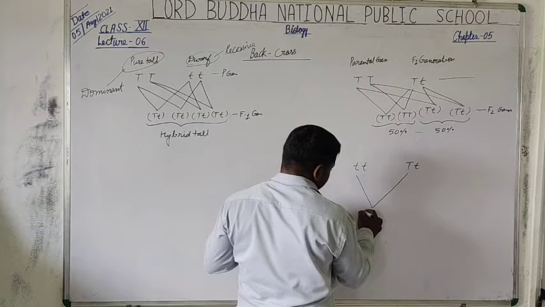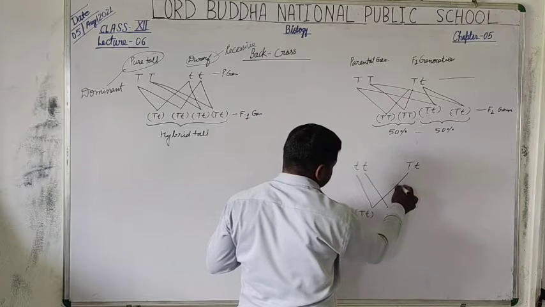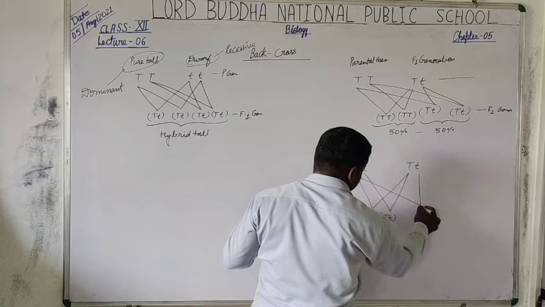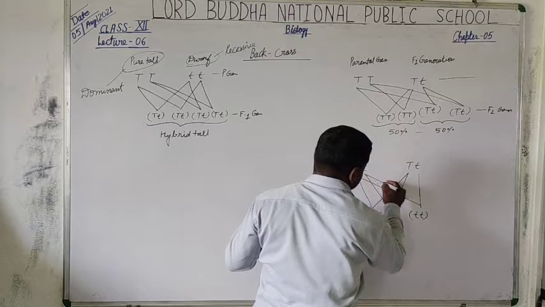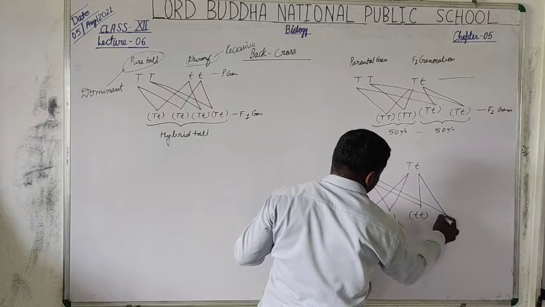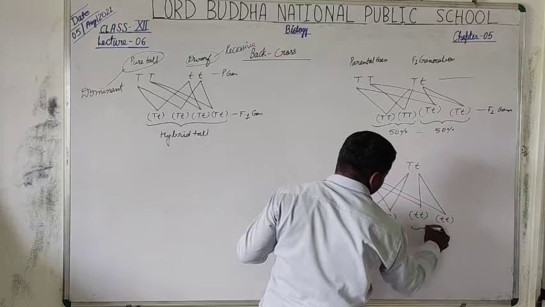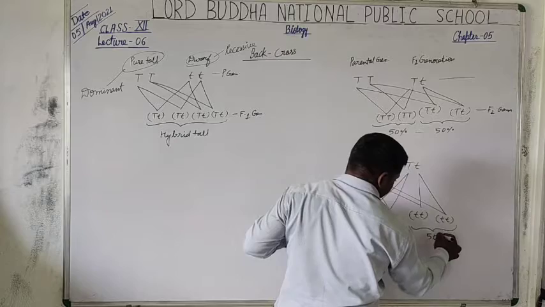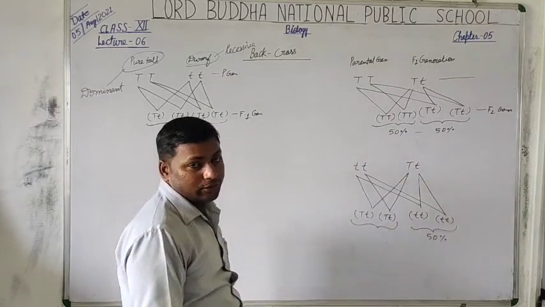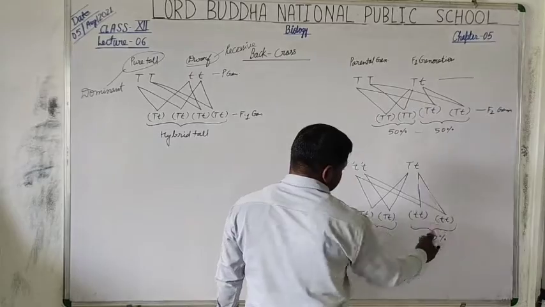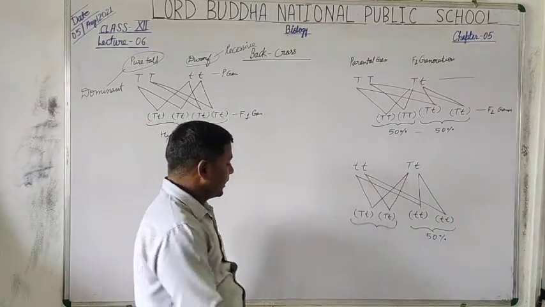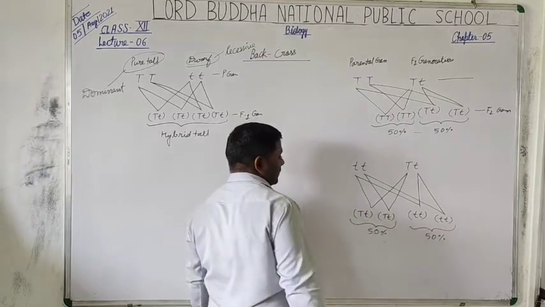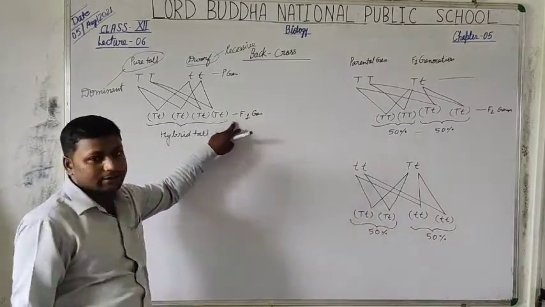Then we have here capital T small t, capital T small t, small t small t, small t small t. Here also we find the same result, in which about 50% of members show the recessive trait and become dwarf in length, and the remaining 50% of members become hybrid tall, which shows the character of the F1 generation.